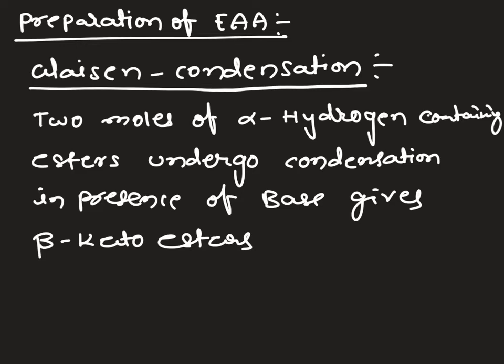The condition of Claisen condensation is that the ester should contain alpha hydrogen, then only it will give beta keto ester.